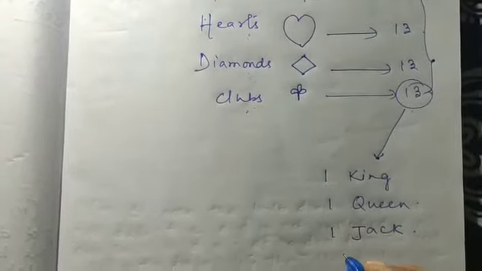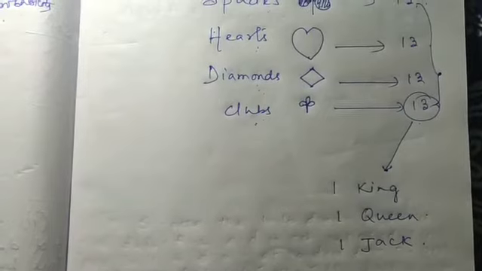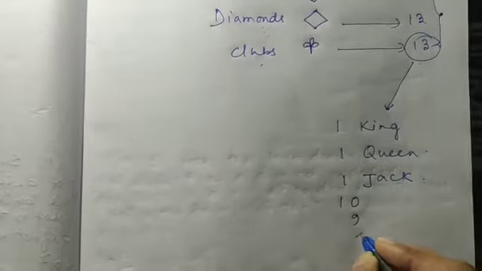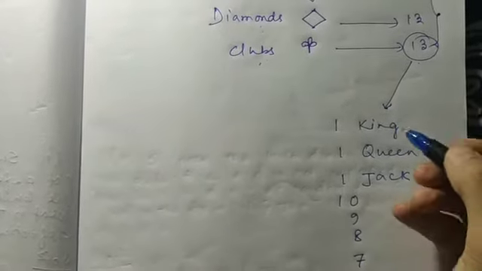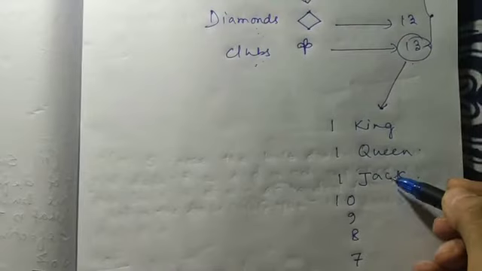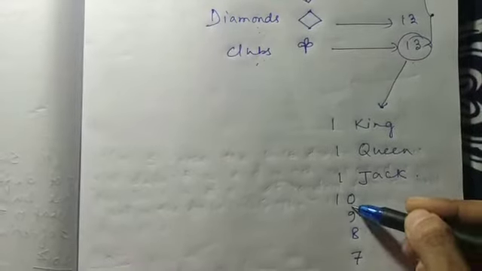Okay, then 1 king, 1 queen, 1 jack, then 10, 9, 8, 7, 6, 5, 4, 3, 2, and 1 ace will be there.